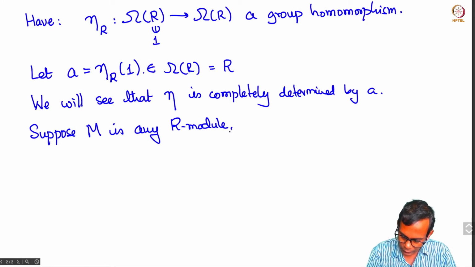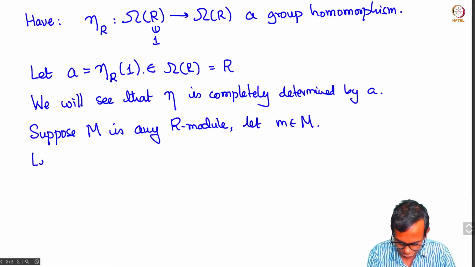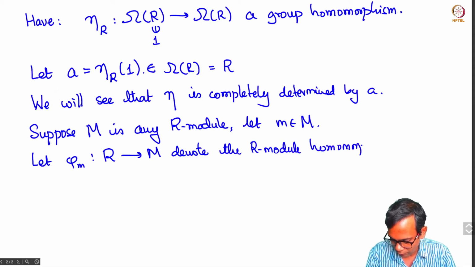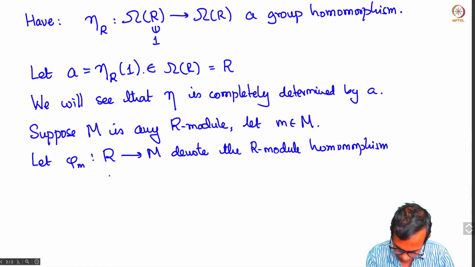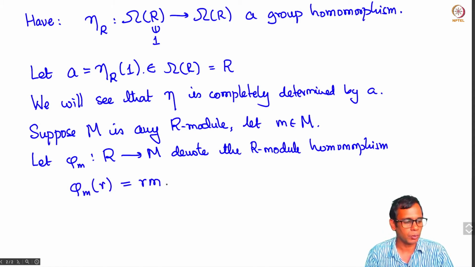So let's try to figure out what eta M of little m is, where little m is any element of M. For this, let phi subscript M from R to M denote the R module homomorphism which takes r to r times m. You can check that this is actually an R module homomorphism.